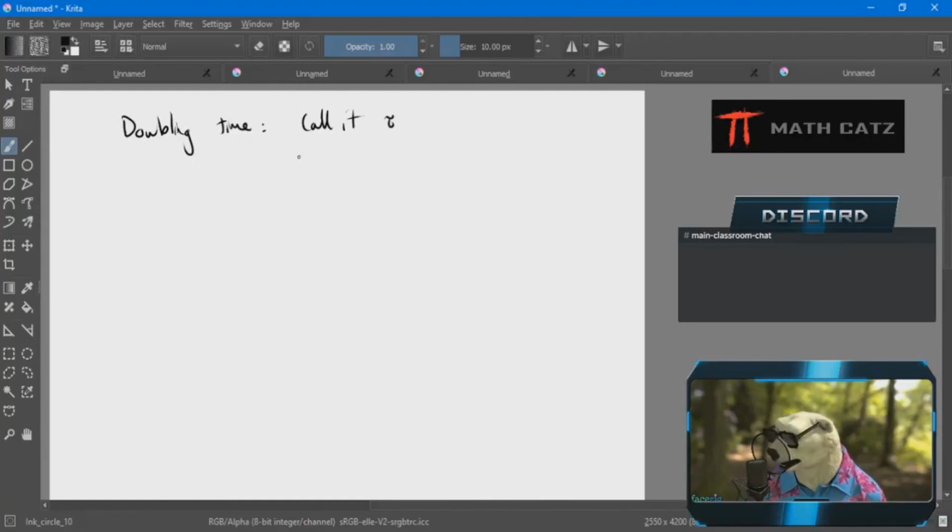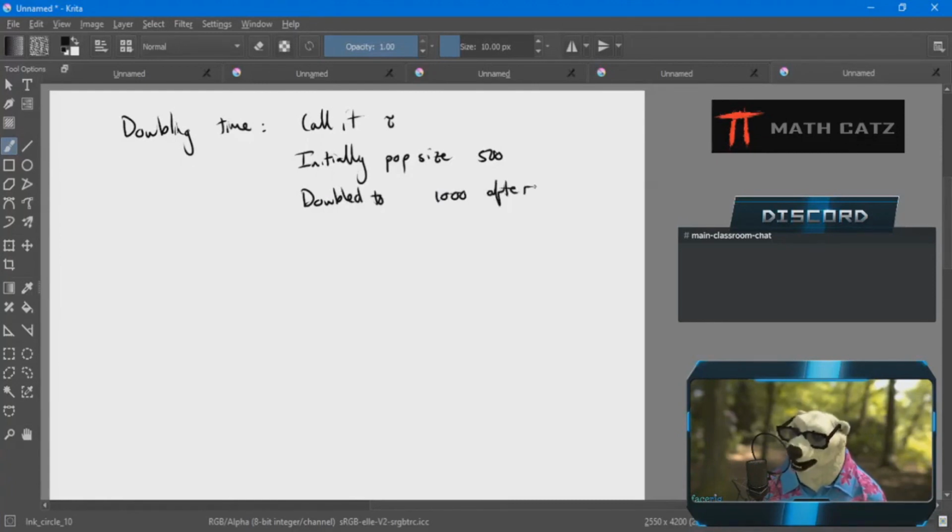So what it's going to be is the time it takes for the population to double. So initially, we have the population size is, let's say here, 500. Then it doubled to 1,000 after time tau. In this case, it was 6 months, but it might not be, right?